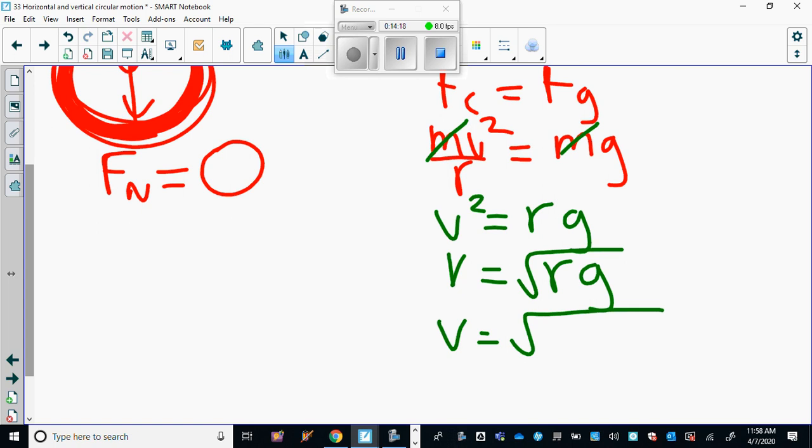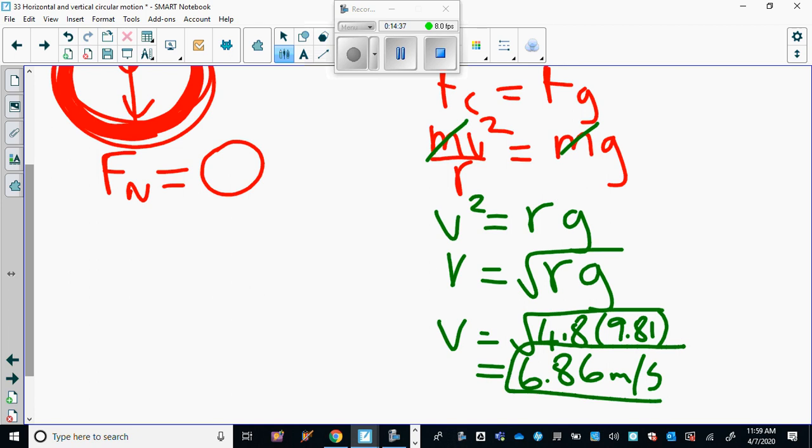Square root of r, which was 4.8, times g, 9.81. Forget the negative, it's irrelevant. And you're going to get an answer of 6.86 meters per second. That's the slowest the car can go around and stay on the track.